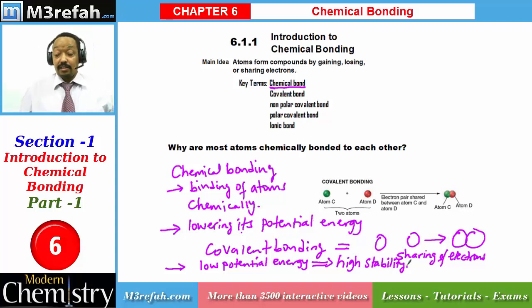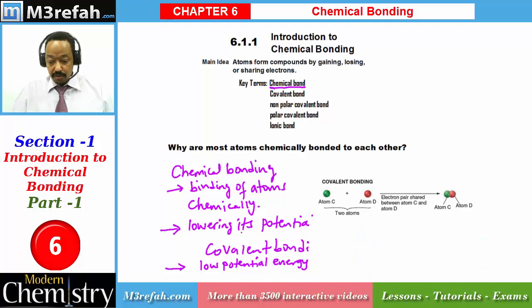So this is the reason why most of the time we have different kinds of bonding. With this in mind, we are going to explore the following points: covalent bond, ionic bond, and within covalent, polar covalent and non-polar covalent.